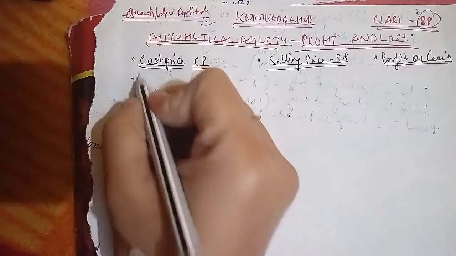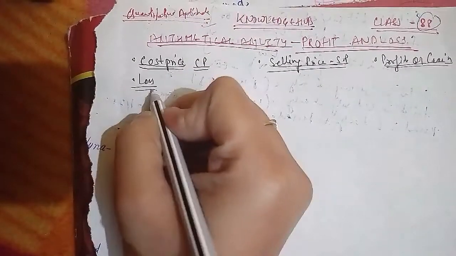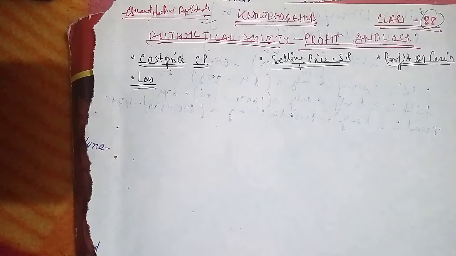Now we'll talk about the loss. If SP is less than CP, then the seller is said to have incurred a loss.